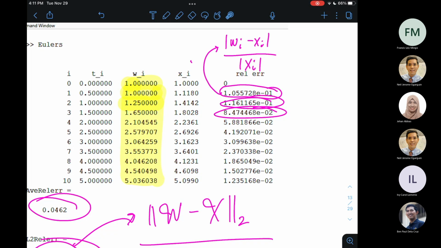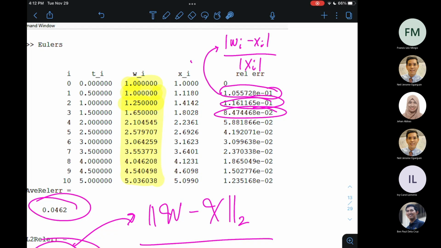Kasi halimbawa yung Euler's method, mamaya sabihin ko it's a method of order 1. Using a benchmark test, an easy example, an easy ODE, you can get a feel if the method is doing what it is supposed to do in the level of efficiency that you expected. So, lagi kang may benchmarking, tinetest mo siya with known values. At yun yung ginawa ko rito. So, kahit alam ko na yung actual x of t na solution dun sa differential equation, tinakbo ko pa rin si Euler, tapos tinake note ko itong mga approximate, just to have an idea how good Euler's method is.